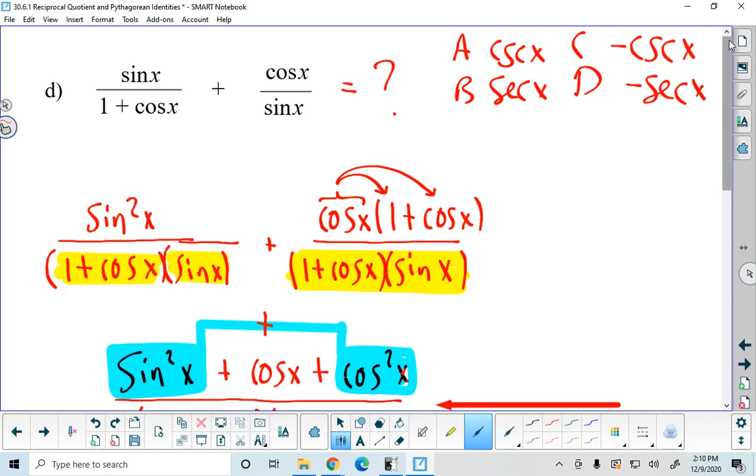Maybe something like that. And sorry, you have to go through all of that to determine that we got cosecant of x. This is not easy for some people.